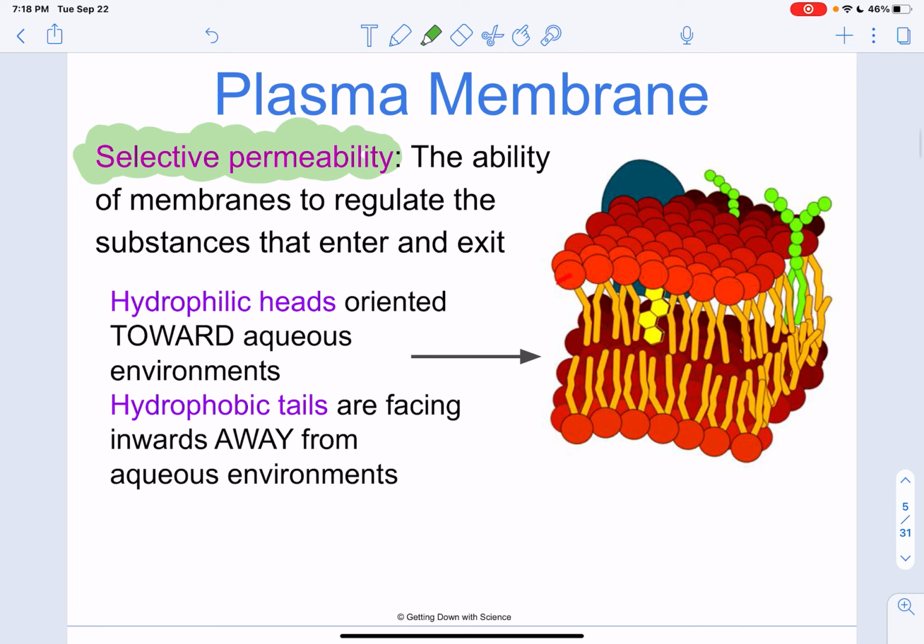And so it's again important to note that the hydrophilic heads will always face towards the watery environment. They will always face water, and the hydrophobic tails will always face away from watery environments.